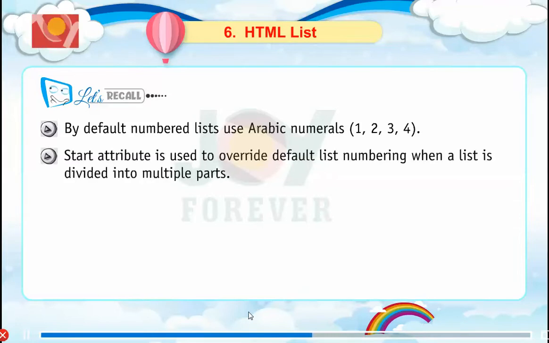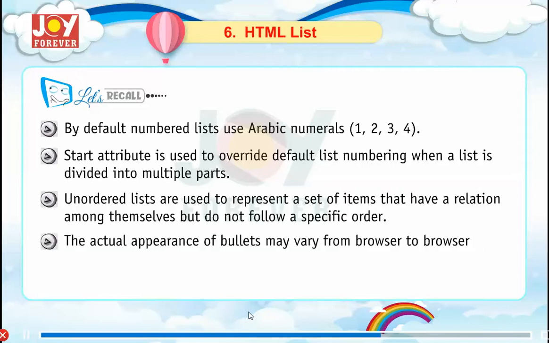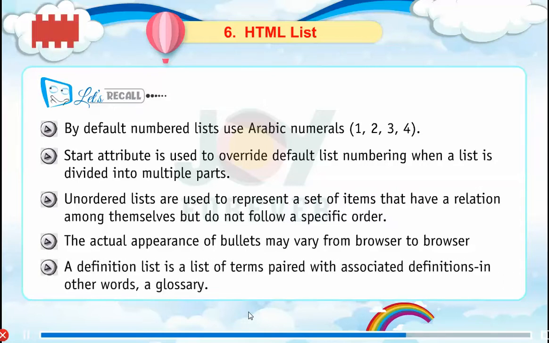The start attribute is used to override default list numbering when a list is divided into multiple parts. Unordered lists are used to represent a set of items that have a relation among themselves but do not follow a specific order. The actual appearance of bullets may vary from browser to browser. A definition list is a list of terms paired with associated definitions, in other words, a glossary.